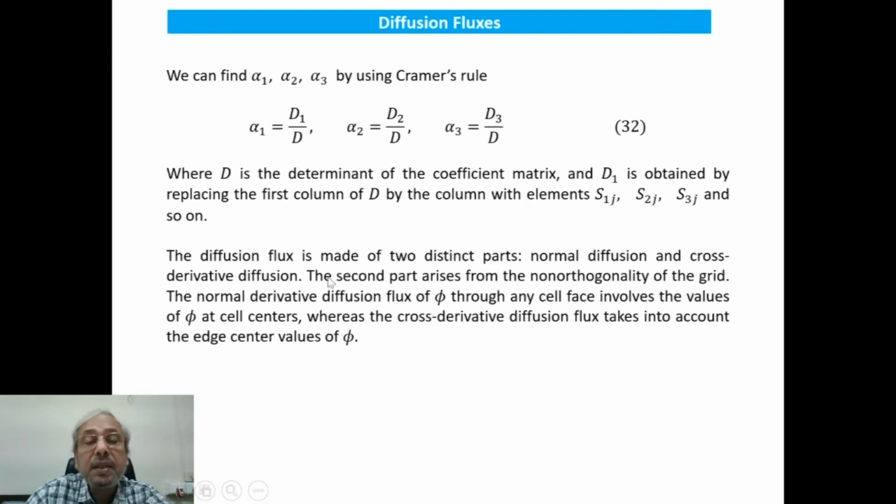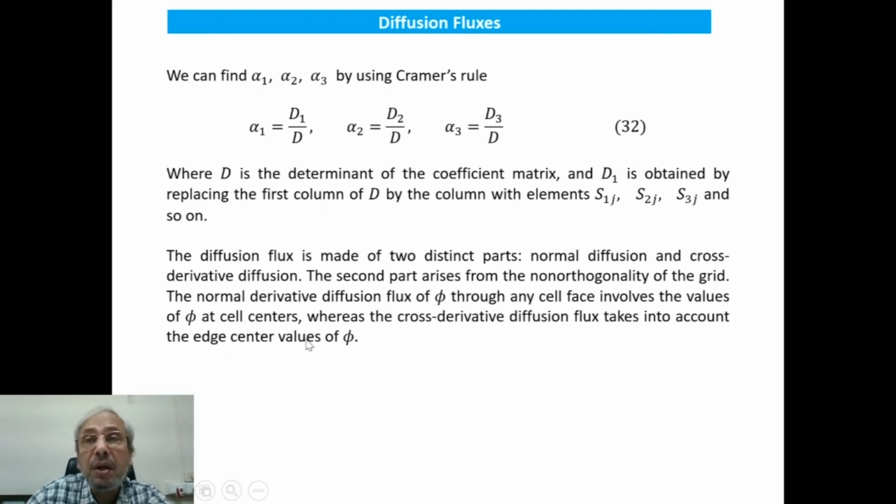The diffusion flux is made of two distinct parts, normal diffusion and cross derivative diffusion. The second part arises from non-orthogonality of the grid. The normal derivative diffusion flux of phi through any cell face involves the values of phi at the cell centers, whereas the cross derivative diffusion flux takes into account edge center values.